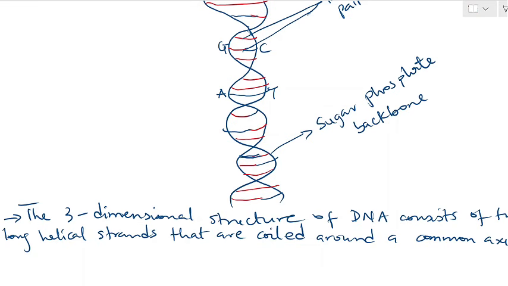And this coiling around a common axis is actually what forms the double helix of the DNA structure.